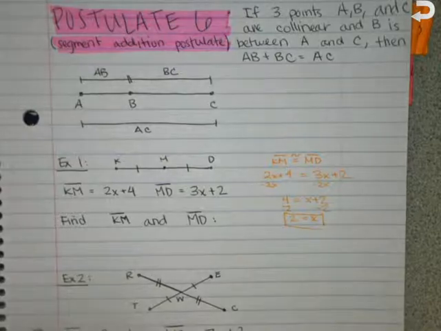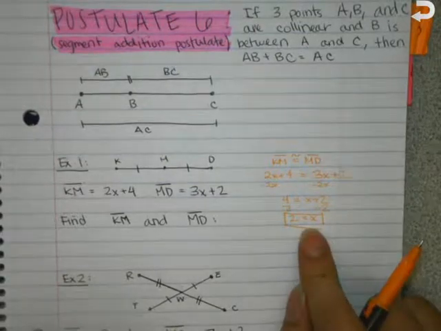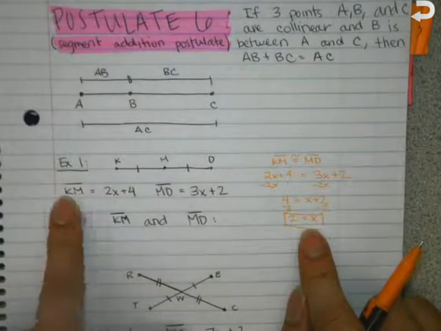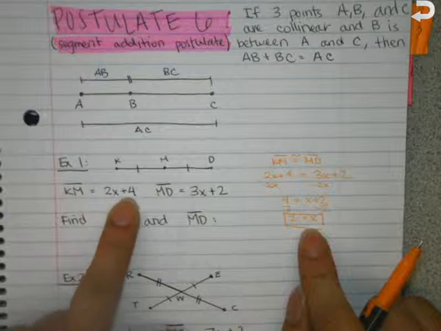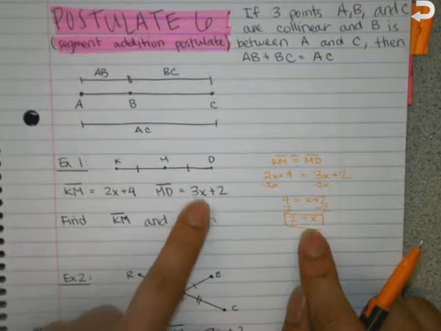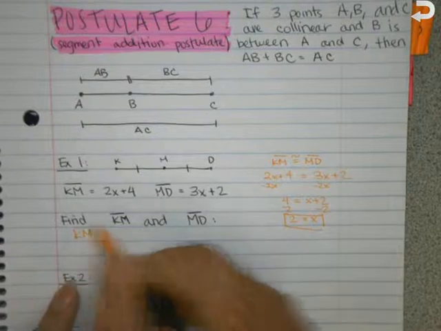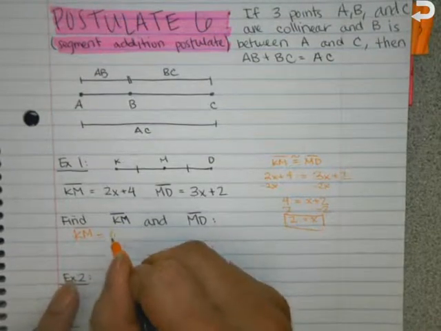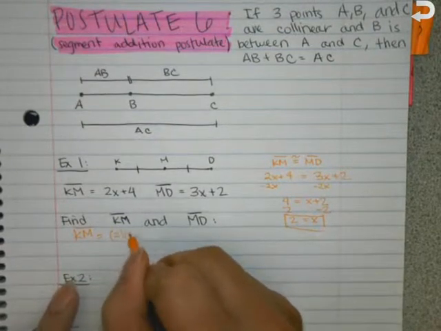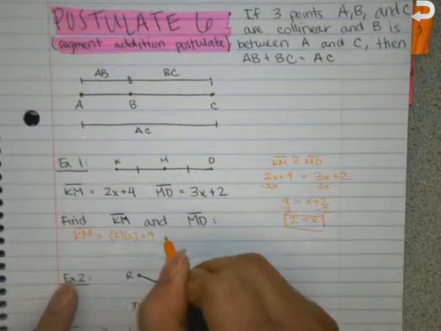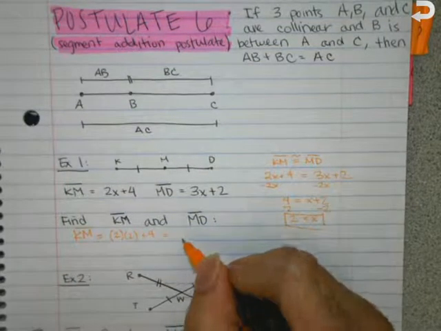Now we know what x is, right? We know that KM is equal to 2x plus 4, and that MD is equal to 3x plus 2. So that means that KM is equal to 2 times 2 plus 4, and that's equal to 4 plus 4, which is 8.